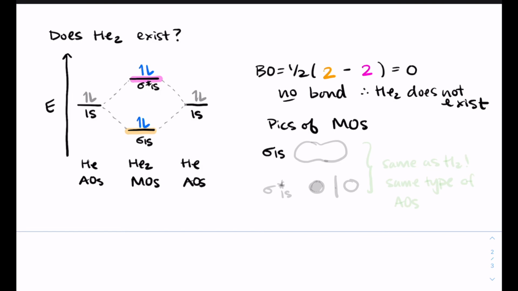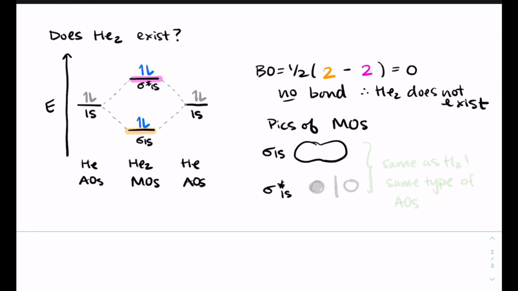You'll notice these pictures look exactly like what we drew for H2, and it's because it's the same types of atomic orbitals. So if I ask you for pictures of the MOs, these blobby cartoon pictures, that's what I mean.